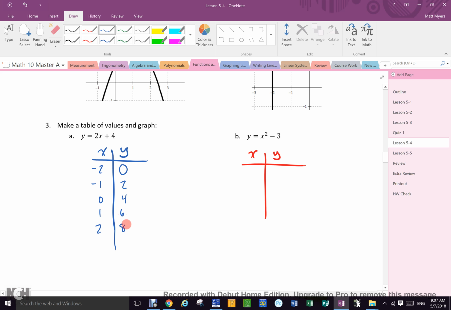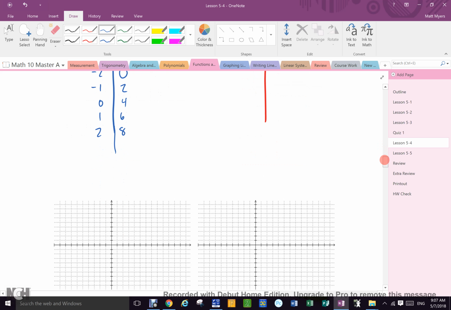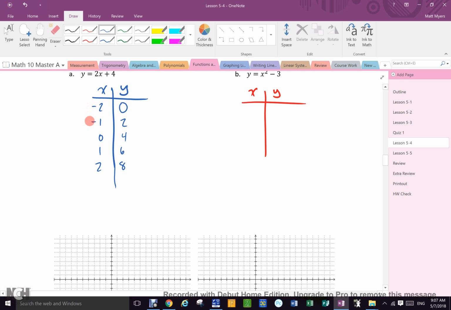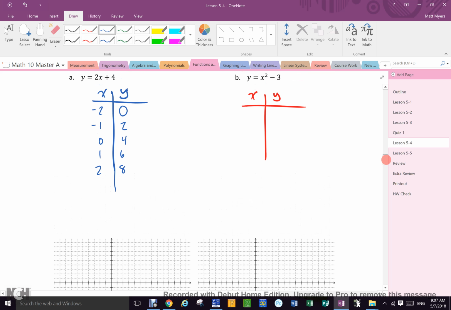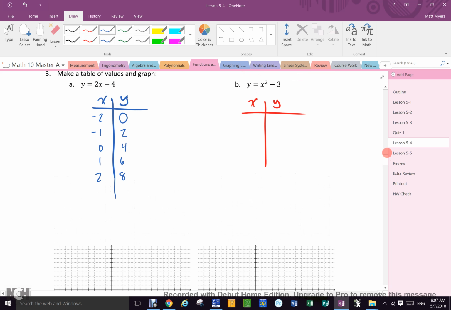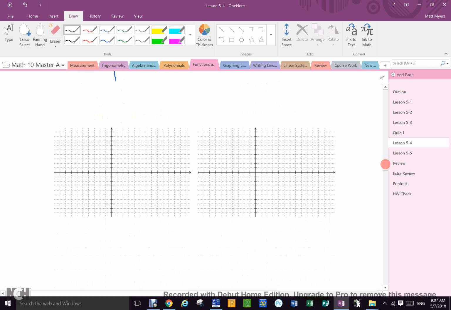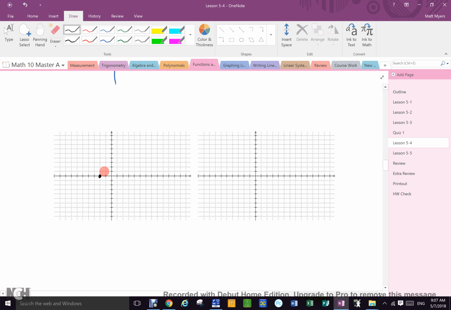6, 8. Is it linear? Why? What makes this linear? Every time my x goes up by 1, my y goes up by 2. Then I graph it. Again, for some reason, it's very confusing. I have given you an x and a y, which means we can write it as an ordered pair. -2, 0.